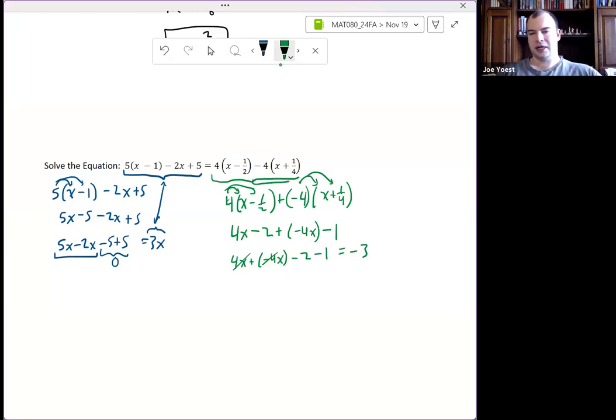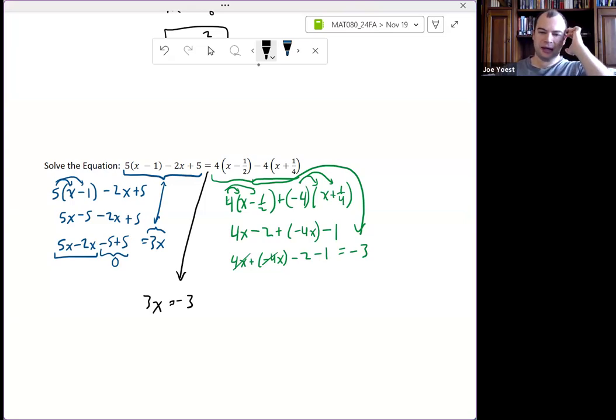So this whole right-hand side just turns into negative 3. In other words, my whole equation up here simplifies down to 3x equals negative 3. Right? It was well worth doing that simplification first, getting the left-hand side as simple as I can, getting the right-hand side as simple as I can. And now the path is pretty clear.